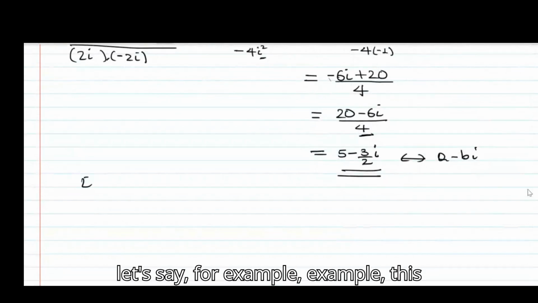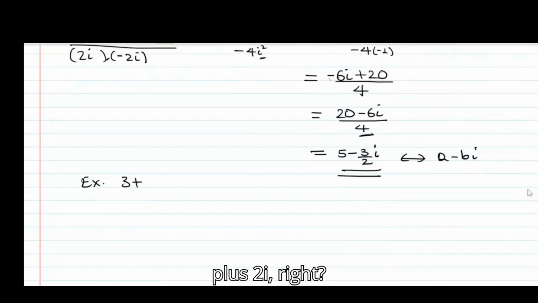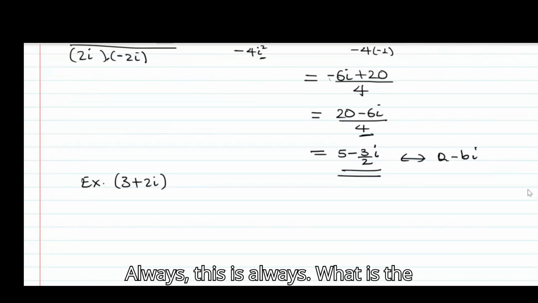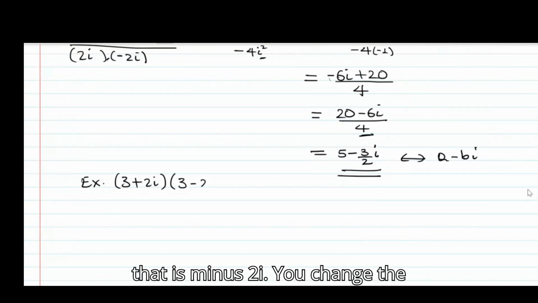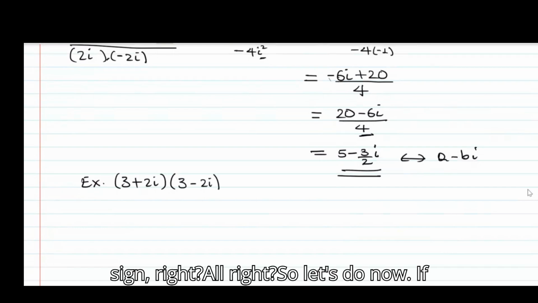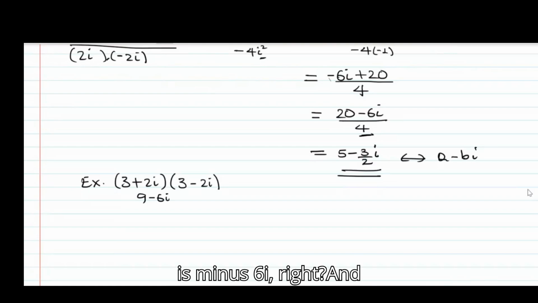So for example, let's multiply 3 plus 2i. What is the conjugate of this guy? The conjugate is 3 minus 2i. You change the sign. If I do 3 times 3, that is 9. And then 3 times negative 2i is negative 6i. And then 2i times 3 is plus 6i. 2i times negative 2i is negative 4 i square.